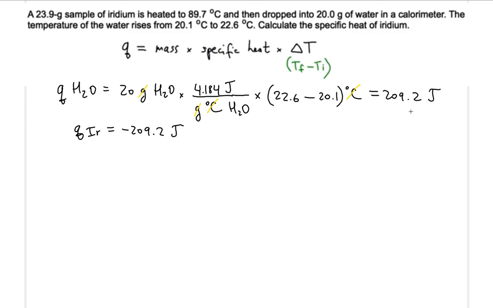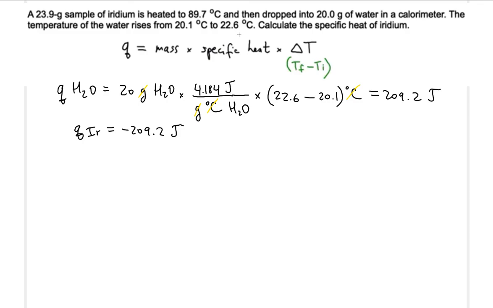So now we're going to use this amount for the iridium. We know the mass of iridium is 23.9 grams, and we know the temperature change for iridium using the numbers. The final temperature of iridium is going to be the same as the final temperature of the water, which is 22.6.